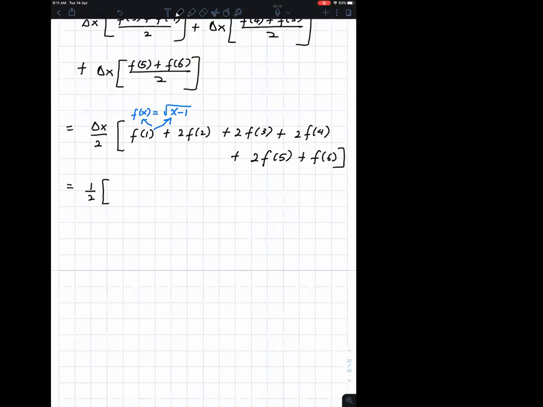When you plug in 1 into this formula, the first one you will get is, what do you get? The square root of 1 minus 1, plus 2 square root of 2 minus 1, plus 2 square root of 3 minus 1, plus 2 square root of 4 minus 1, plus 2 square root of 5 minus 1, plus square root of 6 minus 1.